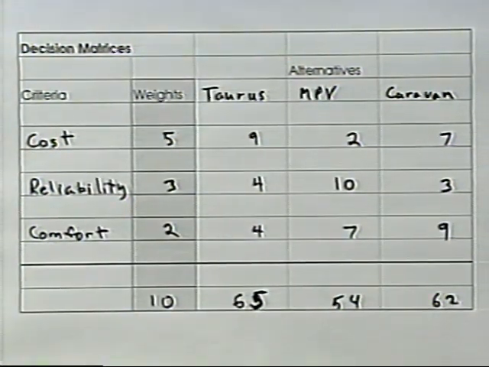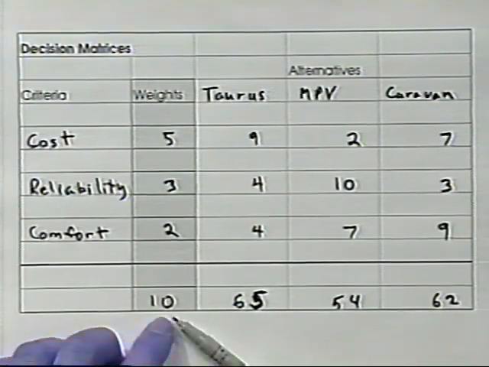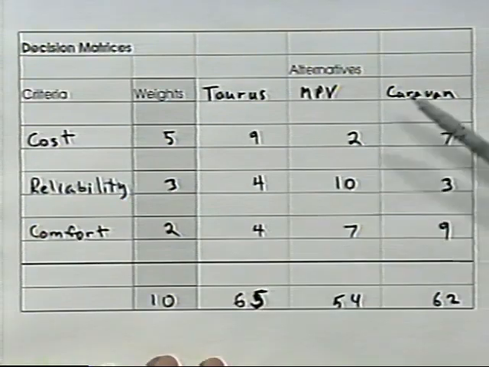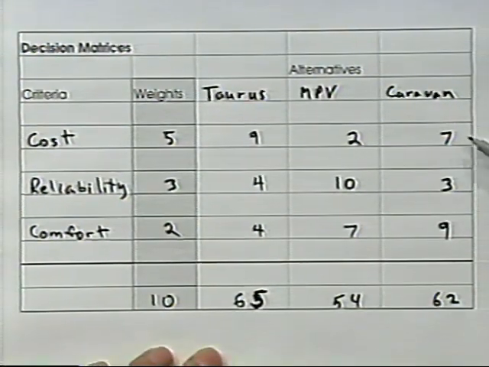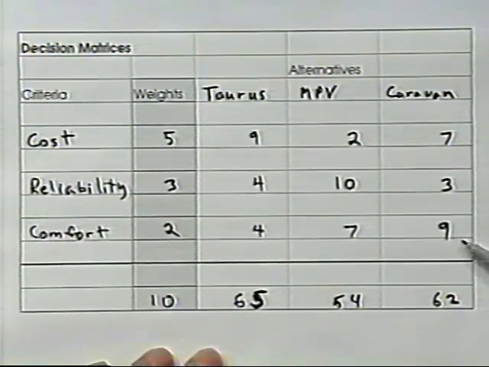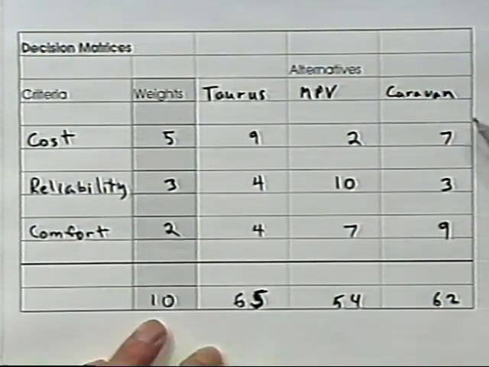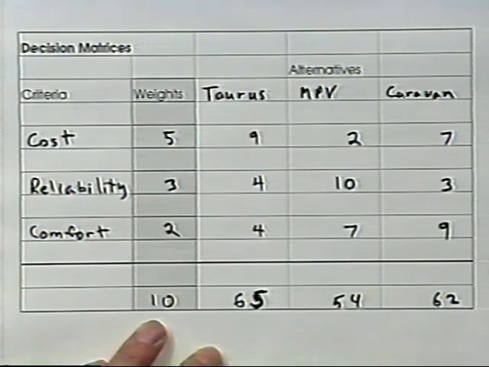But there's also an absolute interpretation, and it has to do with why we sum these weights to 10. Because let's say we had a perfect alternative that scored 10 on each of the criteria. Because the weights add to 10, the total score for a perfect alternative would be 100.